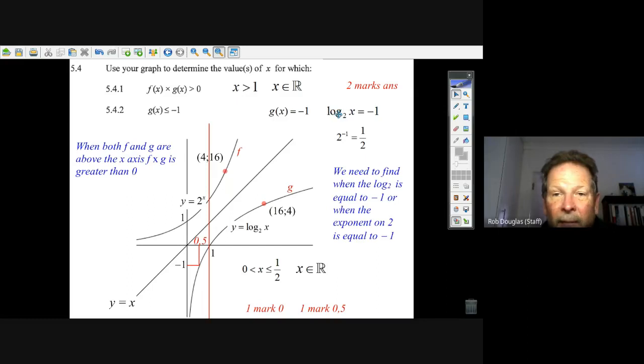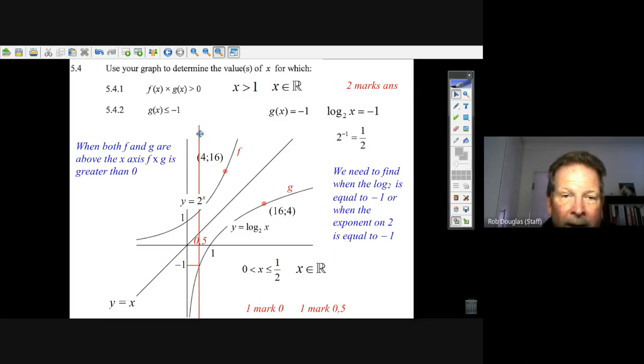So if we take the function, the log of x to base 2, and we let it equal negative 1, then 2 to the negative 1 equals a half. It looks like a half is going to be our solution. So when does the thing right there at a half, it's equal to negative 1, right when it's a half.